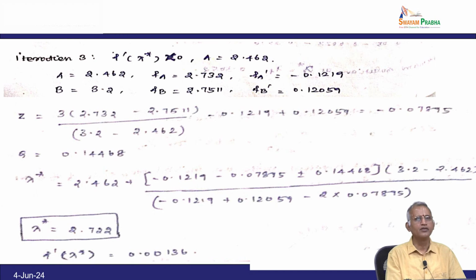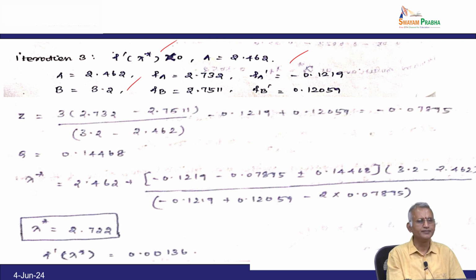Now check the value. It has not reached 0, therefore go to iteration 3. So f dash of lambda star is less than 0 and a equal to 2.462. So a is 2.462 and b is 3.2. Therefore f a equal to 2.732, f b 2.7511. So f a dash equal to minus 0.1219, f b dash is 0.12059.